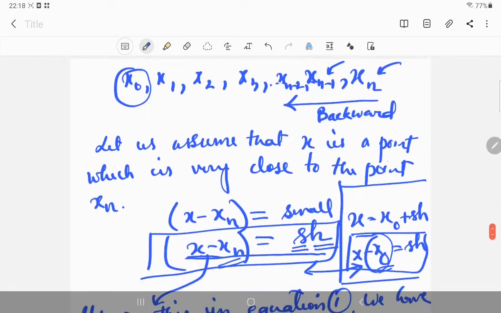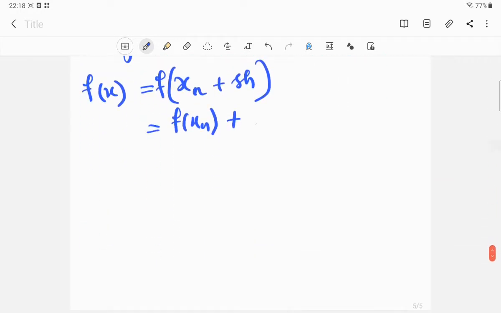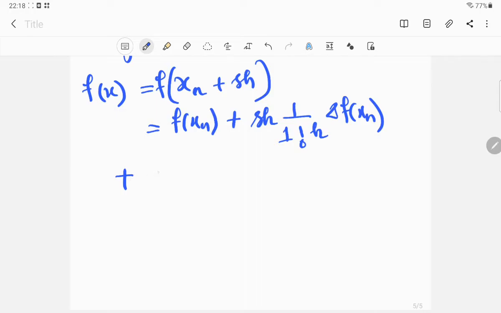So we can simply write sh. Then we had factorial 1 h, then del f(xn). Then we had x minus xn, so it is sh. Then we had x minus xn minus 1.